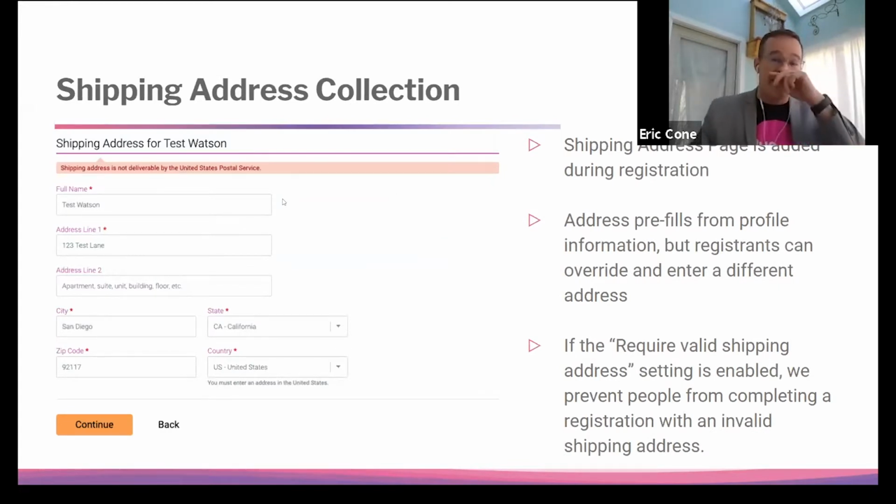Once you've enabled this, what happens in the registration flow is it adds a whole new shipping address page to your registration process. It autofills that information based on the profile information of the primary participant. So if I'm registering myself and my wife, it puts in my information and my address, and then requires a valid shipping address if that's enabled.